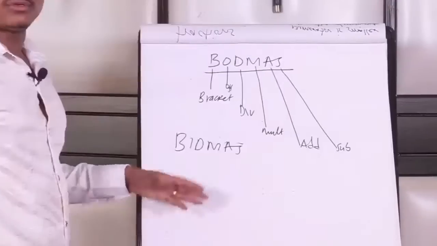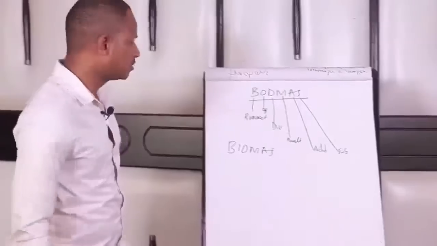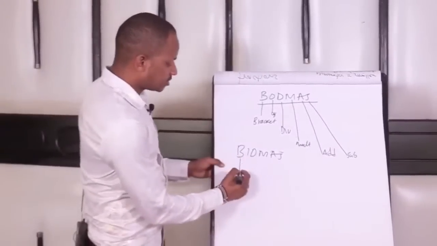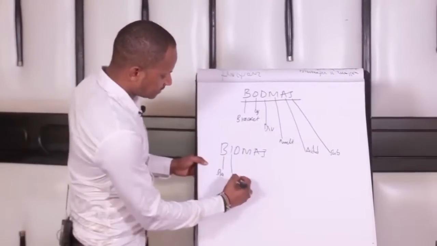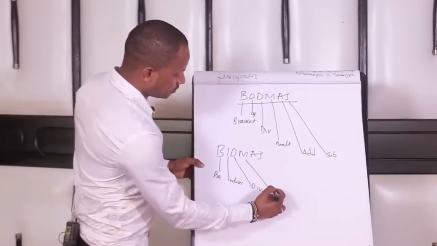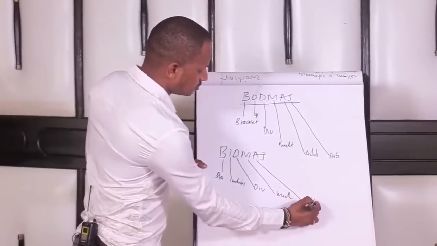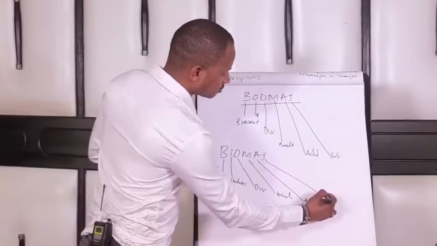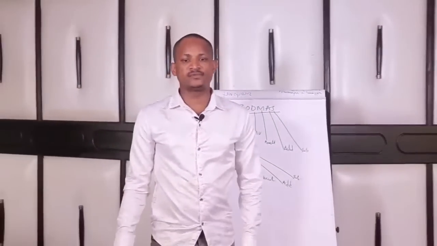In advanced level, you don't need to focus on this, but just because you will be advancing very soon, BODMAS means brackets, indices, division, multiplication, addition, subtraction. That is what we call BODMAS.